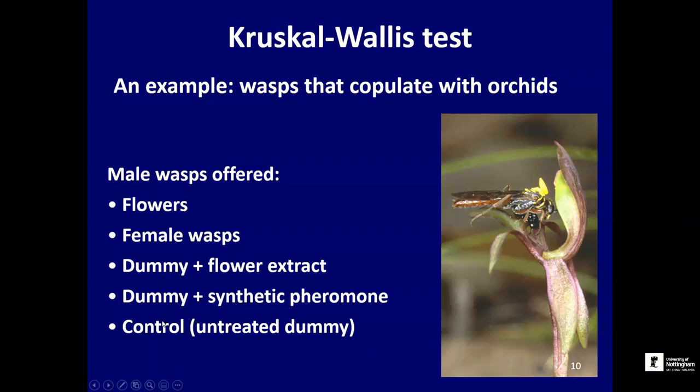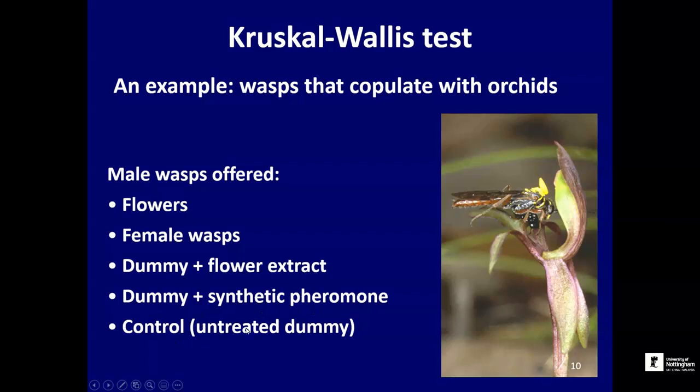So there was a control, which was just a piece of plasticine or some kind of blob of stuff that was about the same size as a flower, but was completely untreated and not related to the plant in any way. So it was just a sterile piece of material. Let's call it plasticine. I can't remember what it was in the paper.